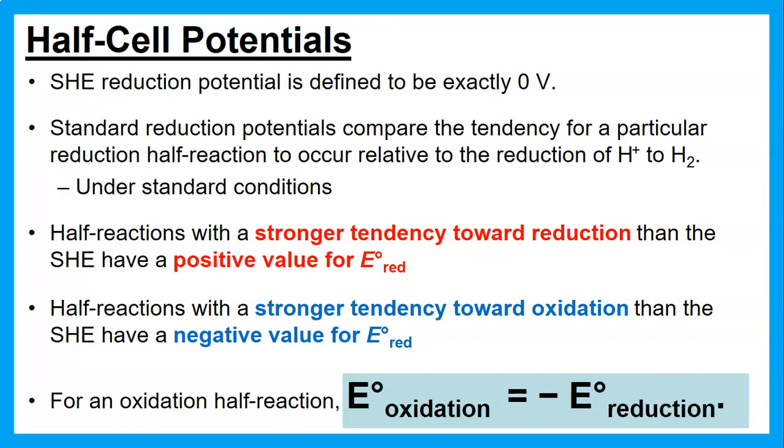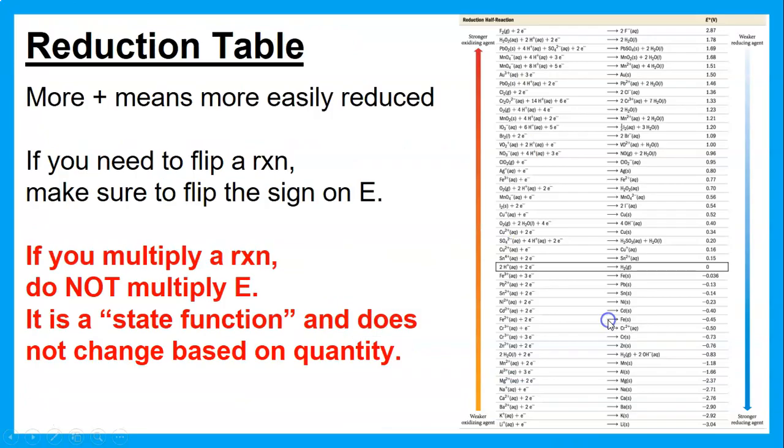This allows us to make big charts of reduction values, and you can just change the sign if you need an oxidation value. So you'll see a big chart like this, and you'll notice somewhere on the chart will be the hydrogen, right here. And what do you see? I know it's really small, but if you look closely, you would see it's 0. Everything above it is positive. It's more easily reduced.